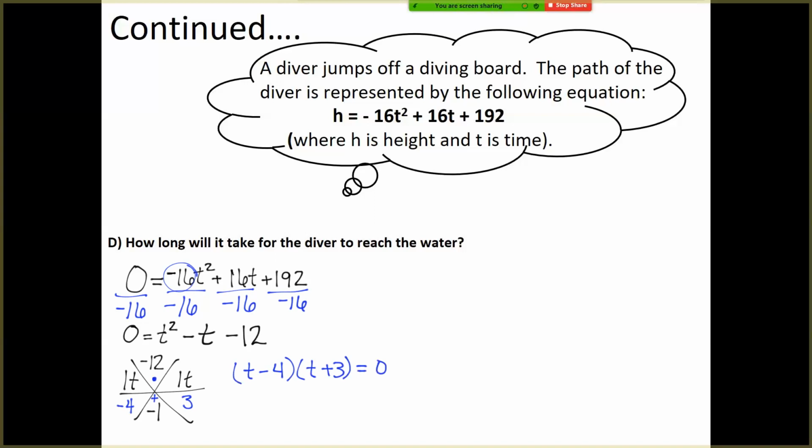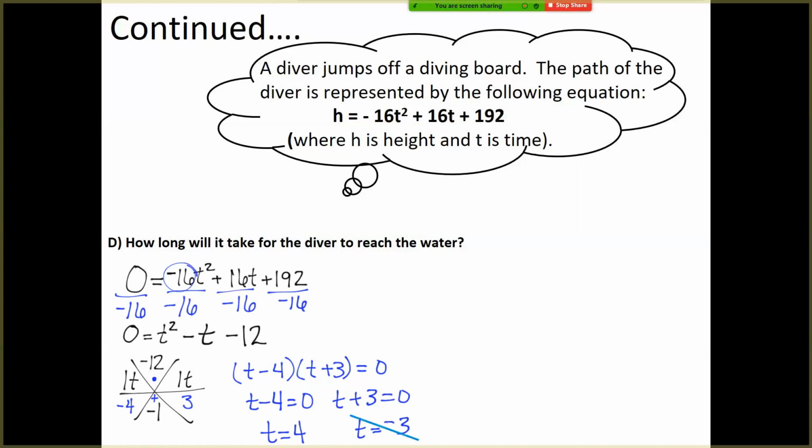And then the zero product property tells me since these two are multiplied together and it equals 0, then one of them must equal 0. So t minus 4 equals 0, t plus 3 equals 0. Go ahead and solve those both for t. And then remember, t represents time. Do both of these answers make sense?